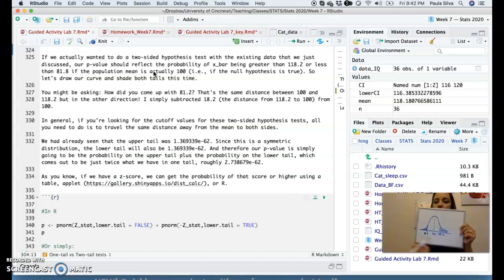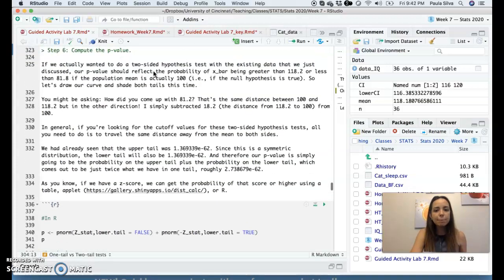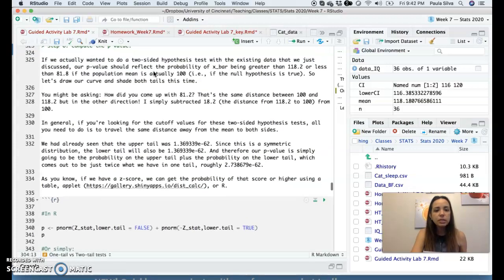Right? So it would be the probability of having something extreme in one direction or the other. All right, so those two tails are what I need to compute.